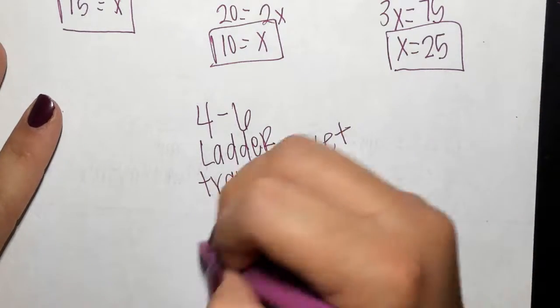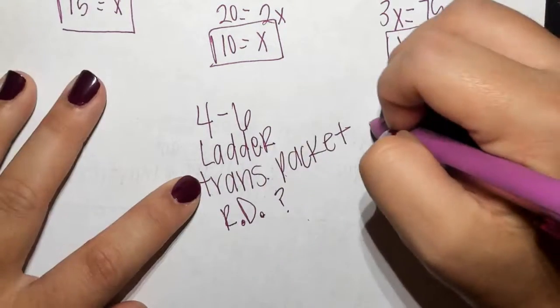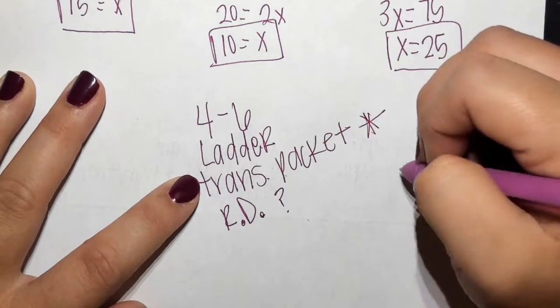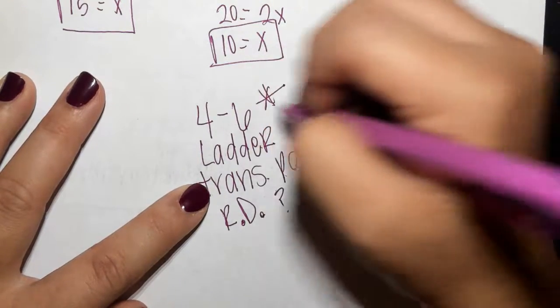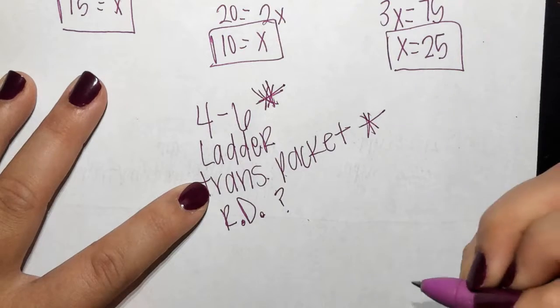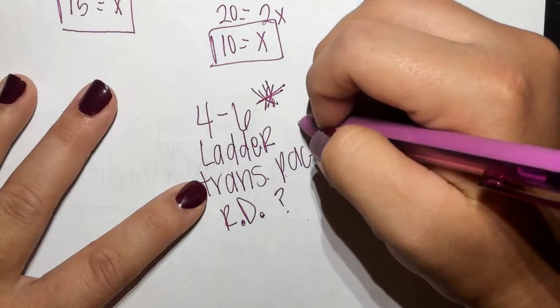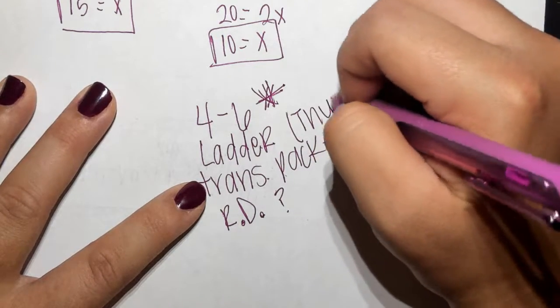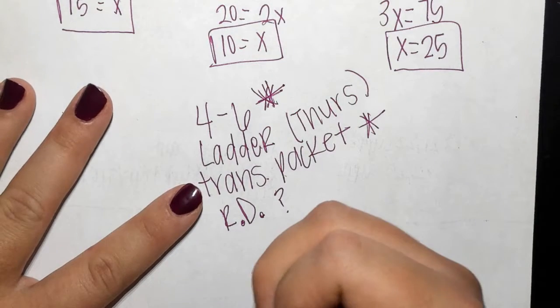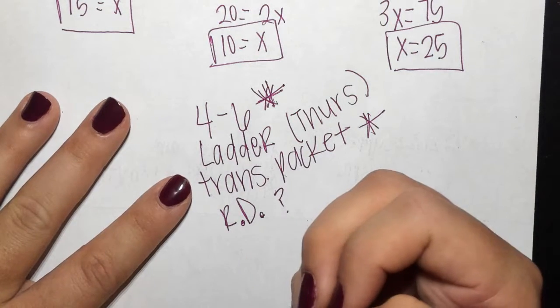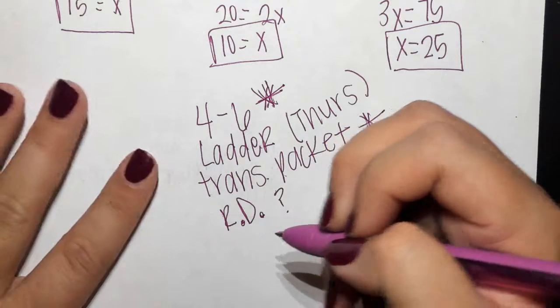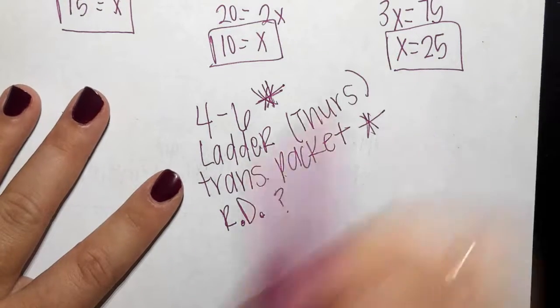So if you don't turn that in, that's on you. Transversal packet is due tomorrow. 4 through 6 you need to do just because you need to do it. And then your ladder, if you need to push this back to being due Thursday, I'll be okay with that. If you've already done it, good for you. You don't have to worry about it. Is everybody clear on what we have to do?